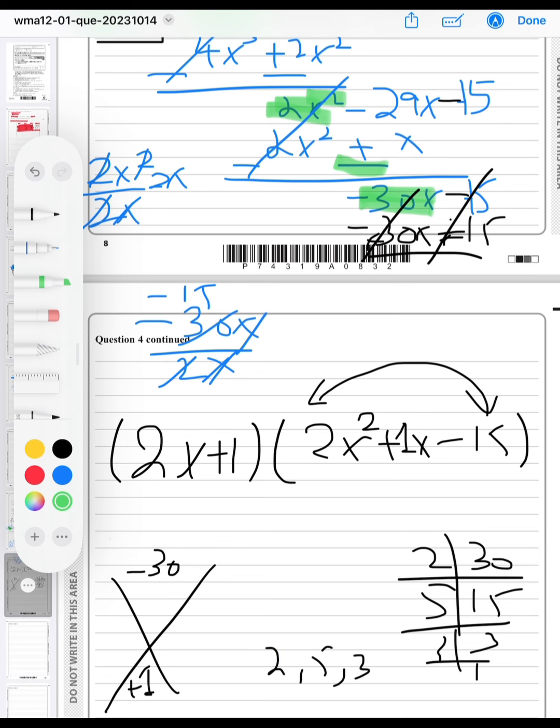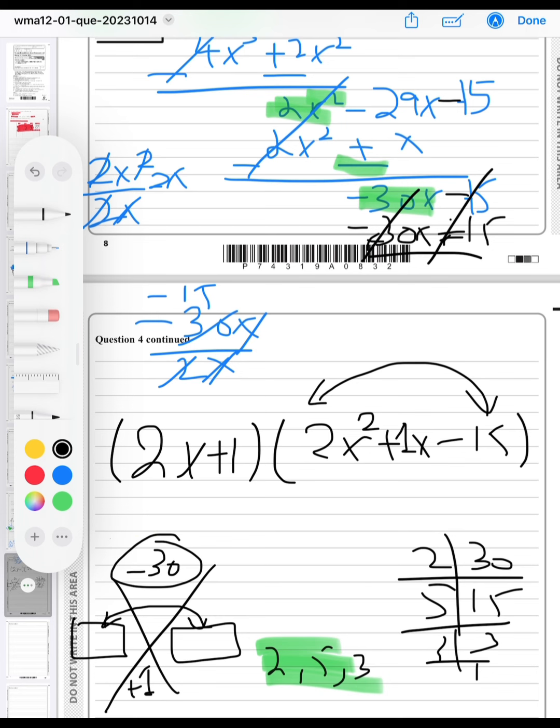Now we will arrange these factors into two teams, one team we will put here and one team or one pair we will put here. And when we multiply these two teams or pairs, we must get this product, and when we add them we must get this thing. So this will be a perfect pair then.